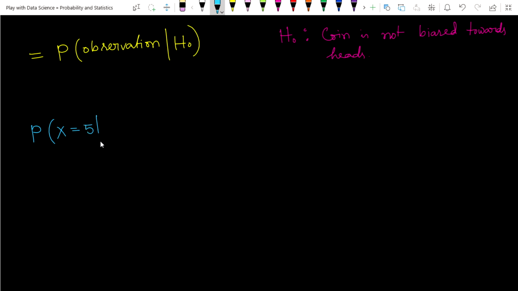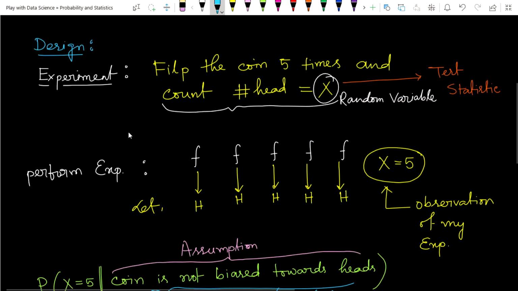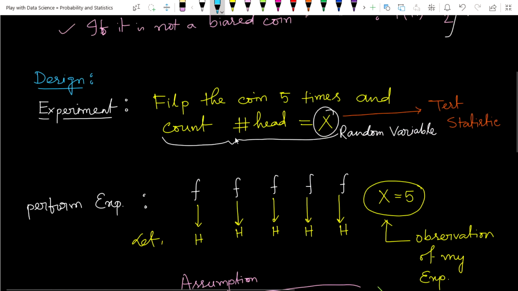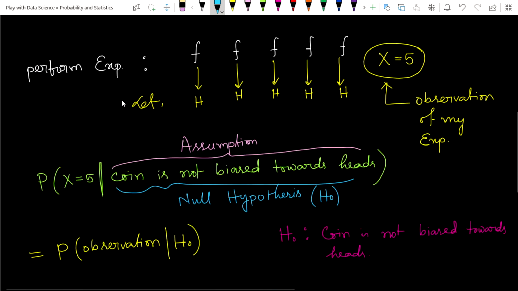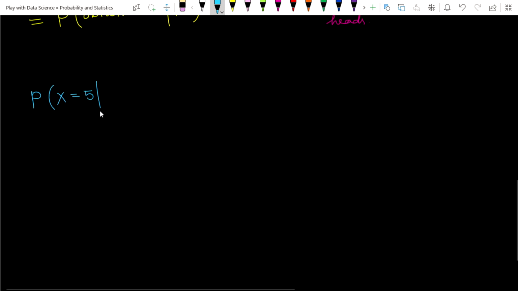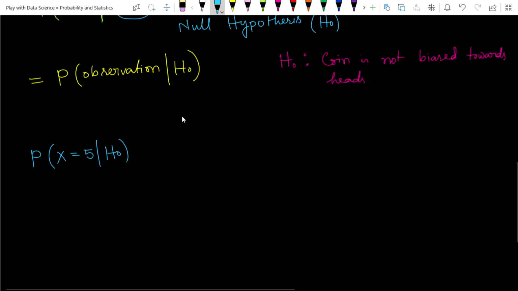Let's try to find this p-value probability. Here our observation is x equals 5. x is simply our test statistic, the number of heads in that experiment. In this experiment we got x equals 5, when we assume the null hypothesis, that our coin is not biased towards head.